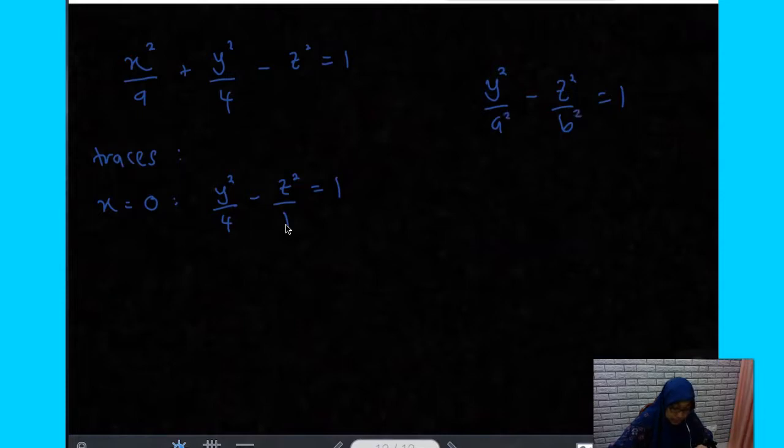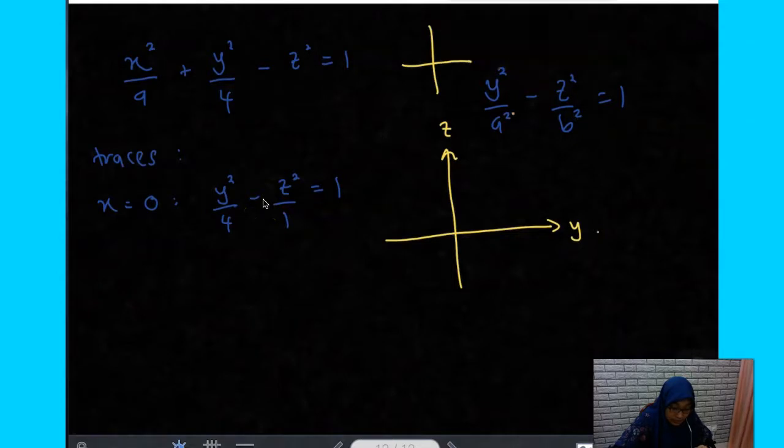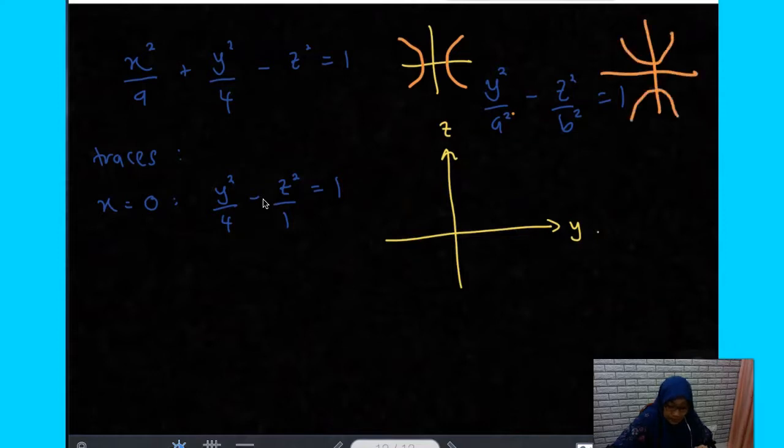Okay, so what is the curve of this particular hyperbolic function? If I want to have z here and y here, remember I told you before how we can draw a graph: whether it should be in this shape, or maybe this particular shape.